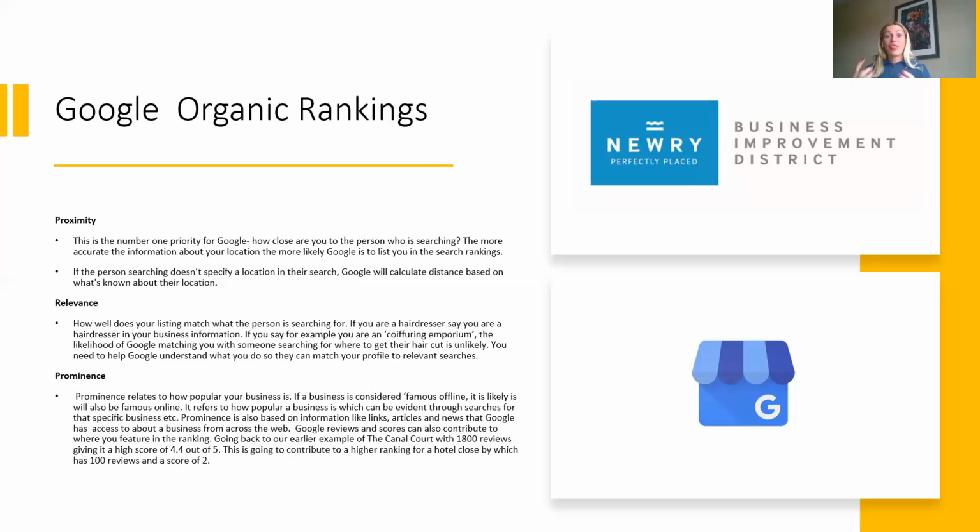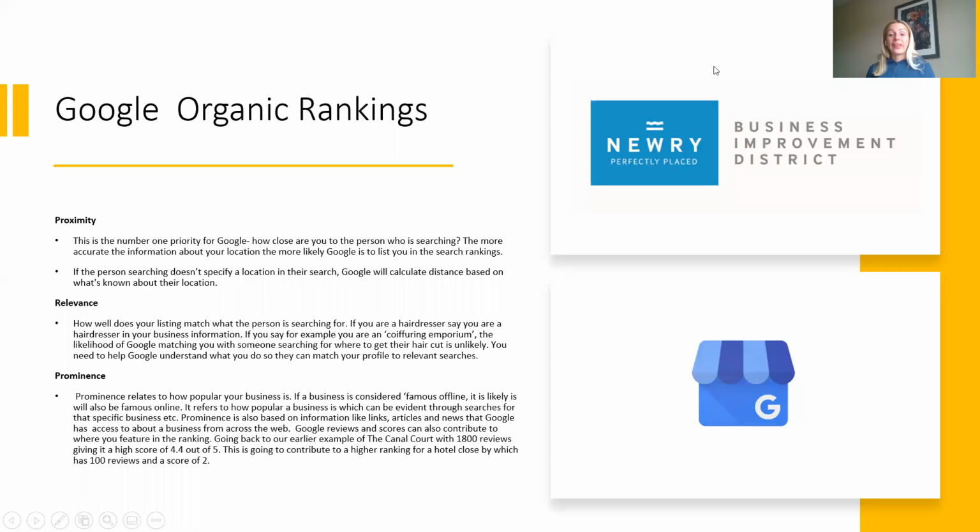That has real relevance, because 1,800 people have taken the time to write a review about that hotel. Those reviews are very high, and it has scored particularly well in that market. This is going to contribute to a higher score than perhaps a hotel nearby that only has 100 reviews and a score of 2.